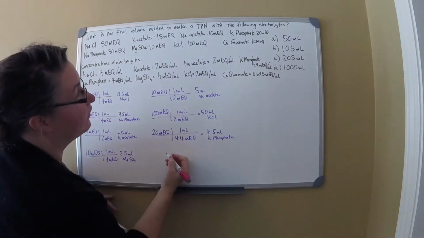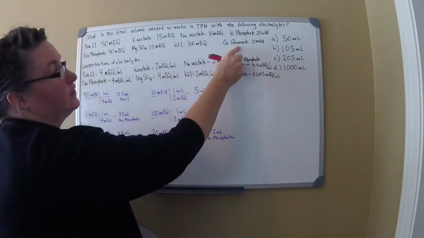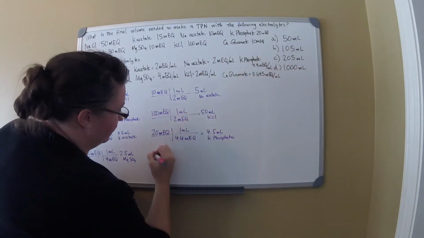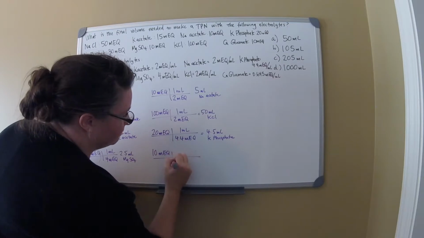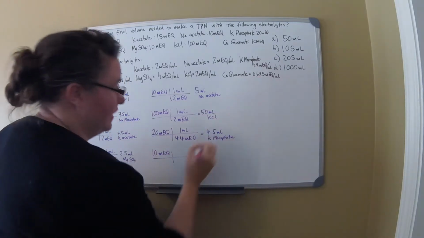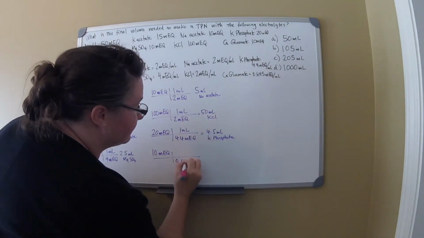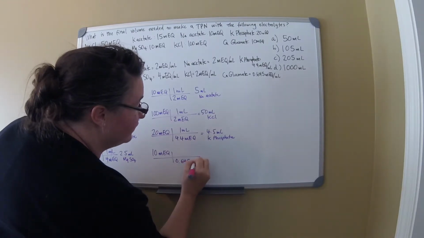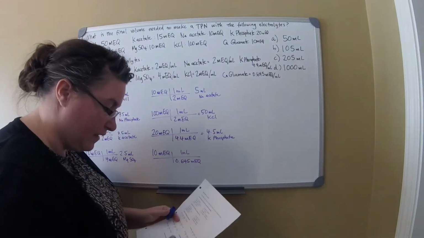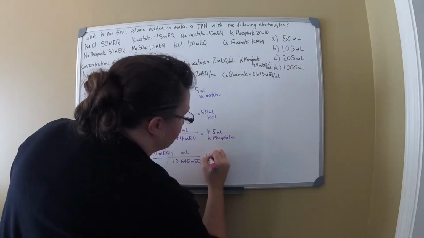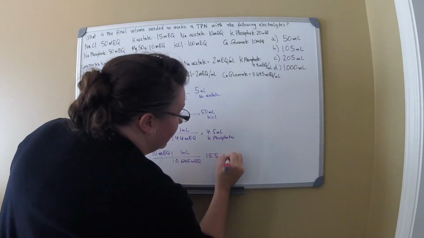Okay. And then our last electrolyte is the calcium gluconate, and we need 10 milliequivalents. And the conversion given is 0.645 milliequivalents per 1 mL. And so when you multiply that out, the answer comes to 15.5 mL.